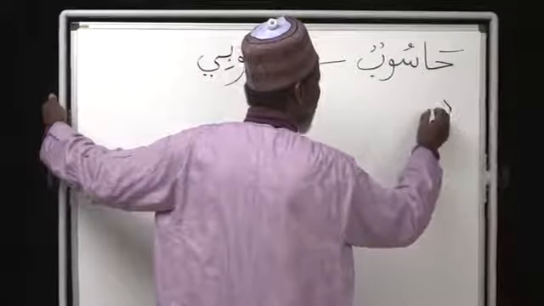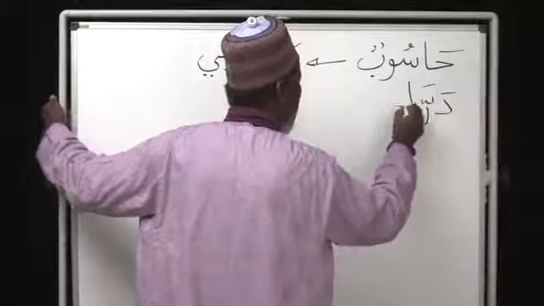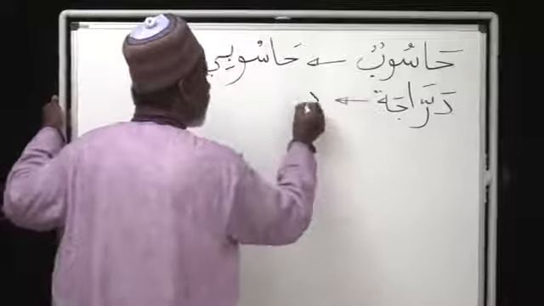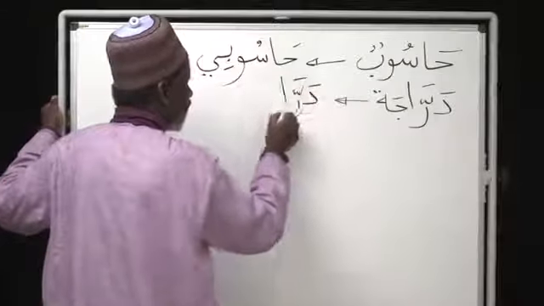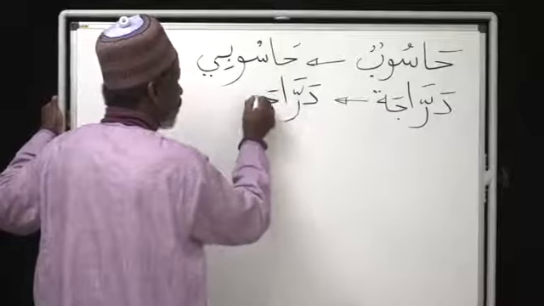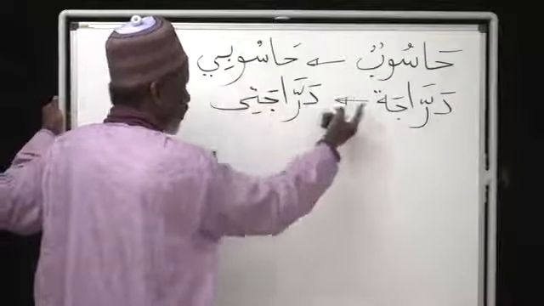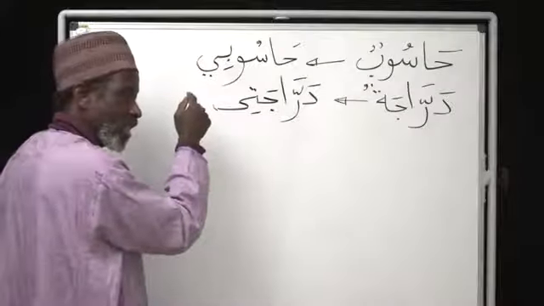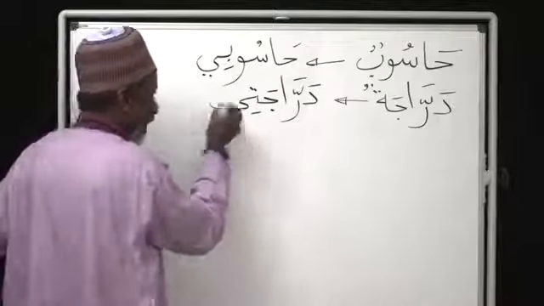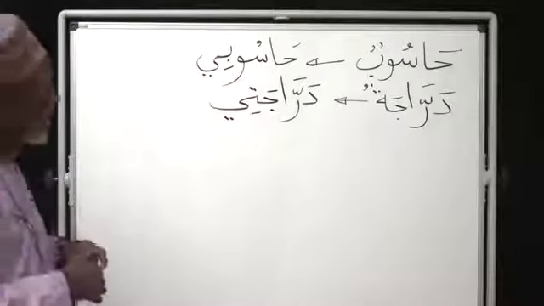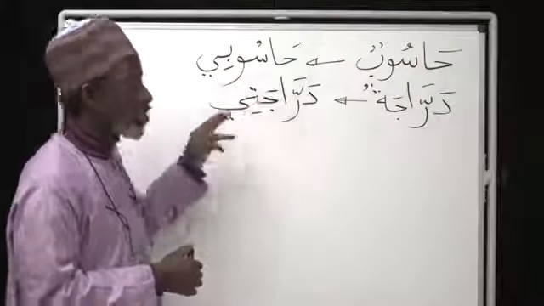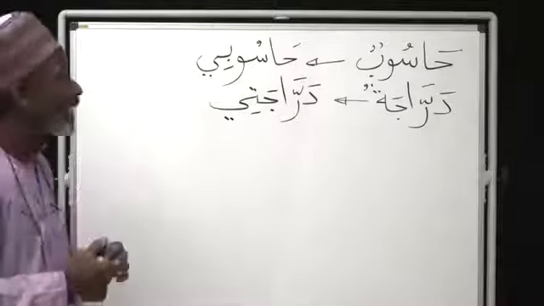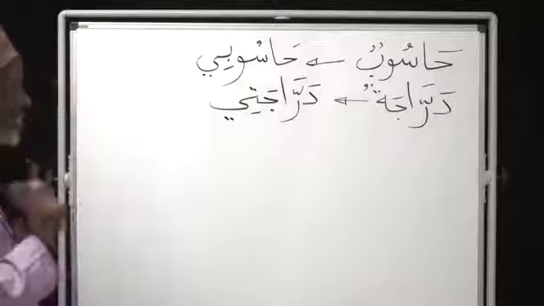Darajatun, a bike, becomes daraja, then put the T, that's your ta marbuta being transformed into the open ta. Put a kasra, extend it with the lengthening ya. Darajati, my bike. So hasubun, hasubi, darajatun, darajati.